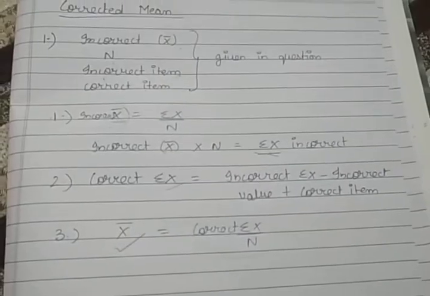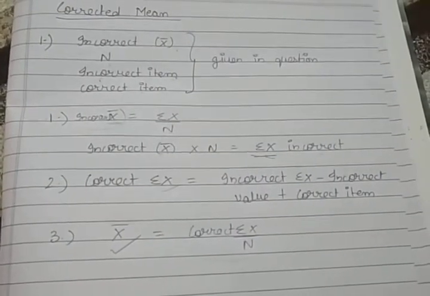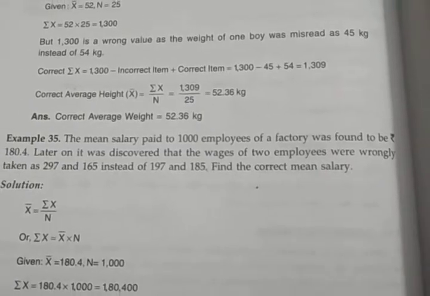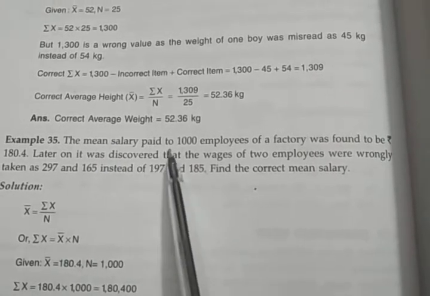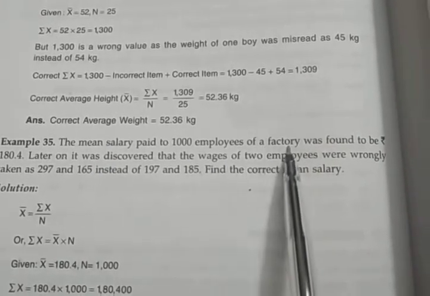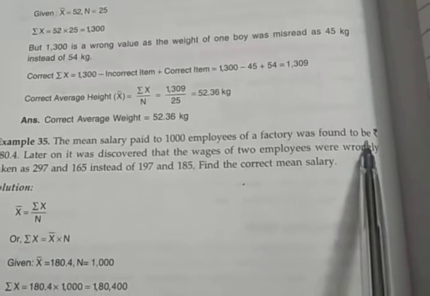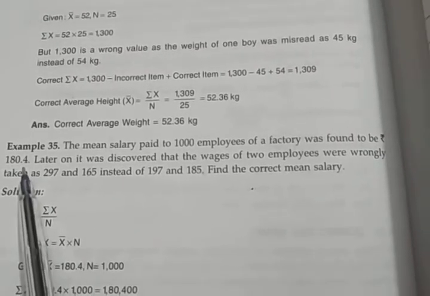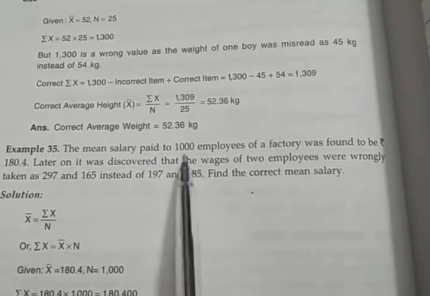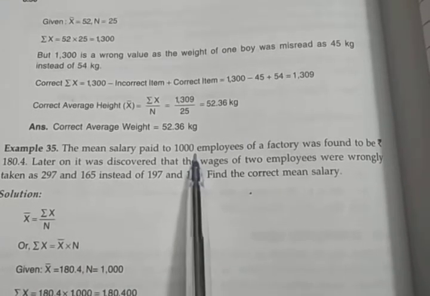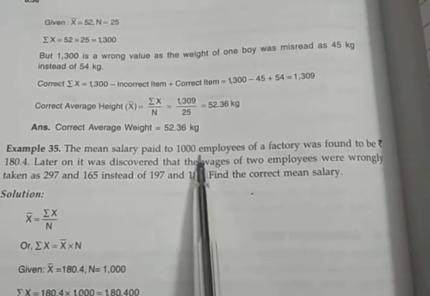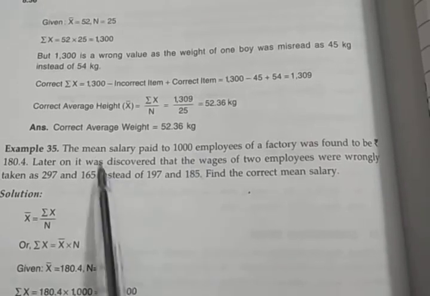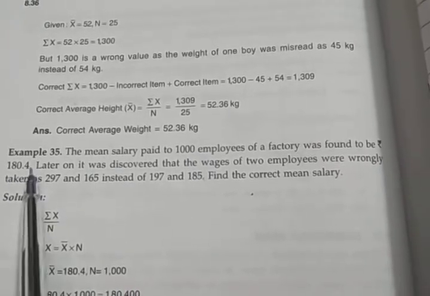Now let's solve one numerical. Now read the question. The mean salary paid to 1000 employees of a factory was found to be rupees 180.4. Okay, mean salary paid to 1000 employees, that means number of items is 1000 and the mean is 180.4.